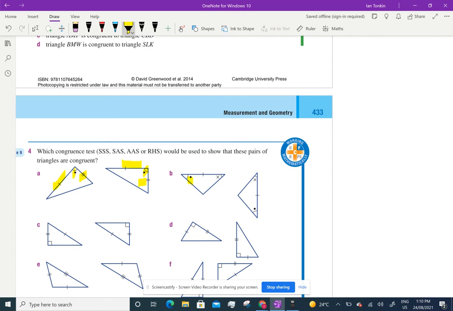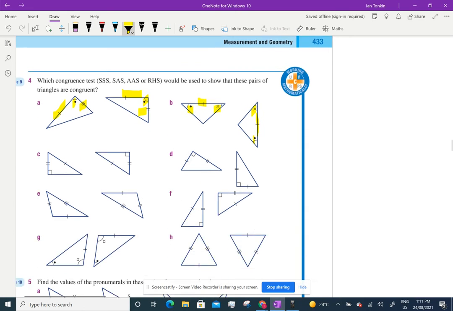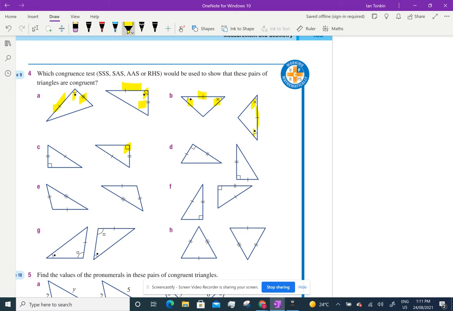Here you've got 2 angles. You can see them there, they're the same. And the side that is between them. So that is angle, angle side. Here, right angle, the hypotenuse, and another side. Beautiful. RHS.